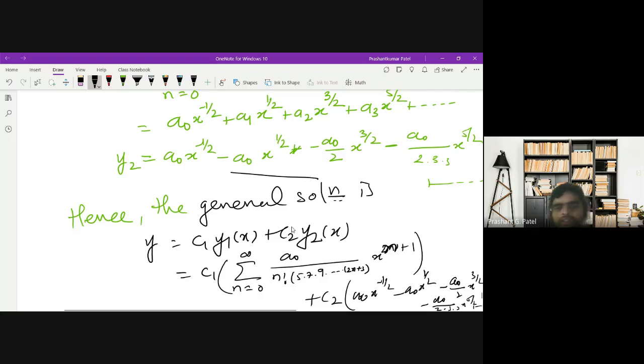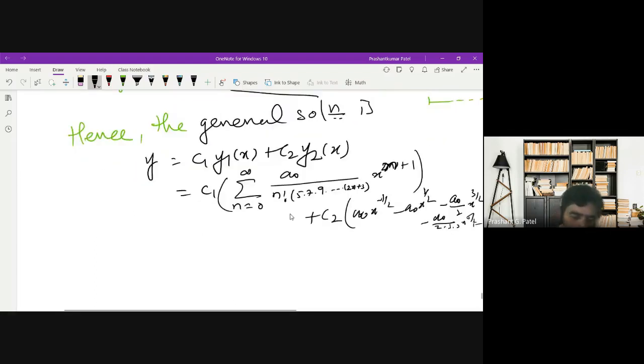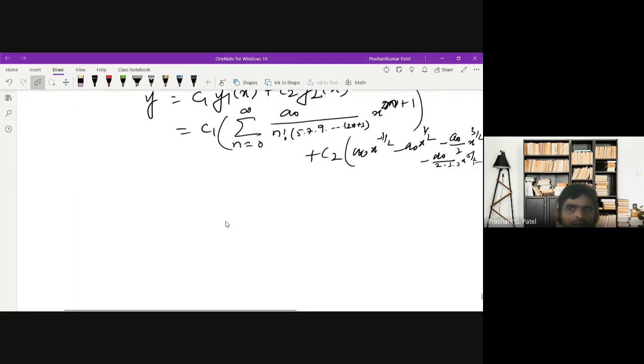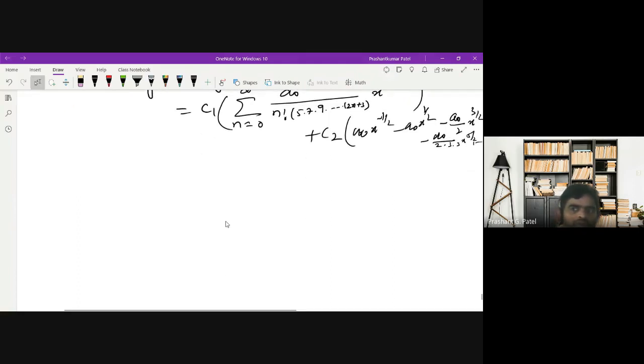If you want, you can write a0 common. So this will be the series solution for a differential equation which has a regular singular point. Can I give you one example as an exercise to do it yourself?